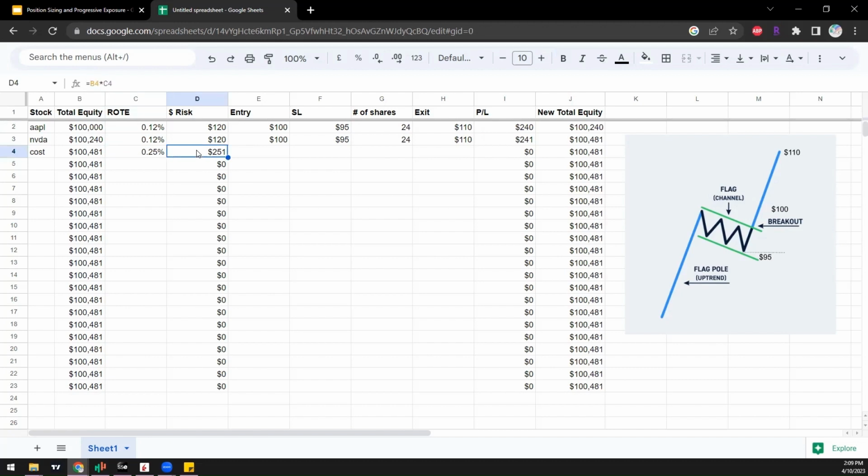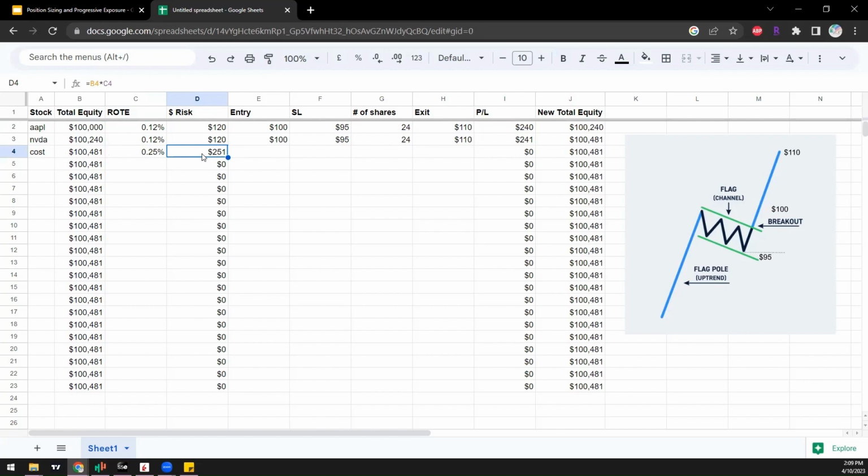If I'm risking 0.25% on the Costco trade, that means the dollar amount that I'm risking is $250, $251 to be exact.